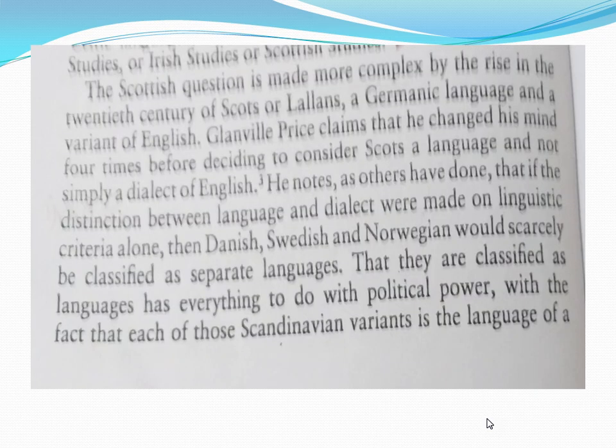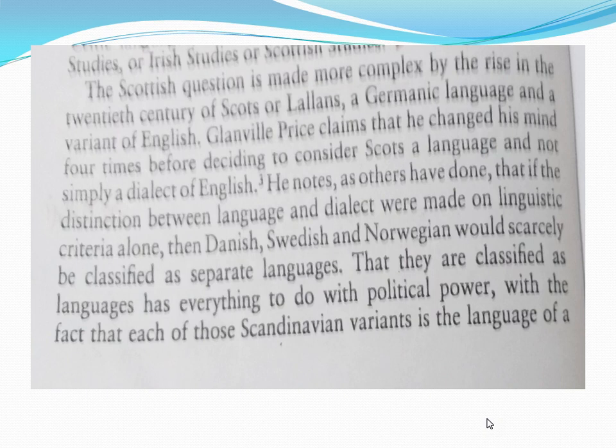Again, English is the language of the UK, the United Kingdom. English is also the language of all these countries: Scotland, Ireland, Wales, England, and the Isle of Man and the Channel Islands.